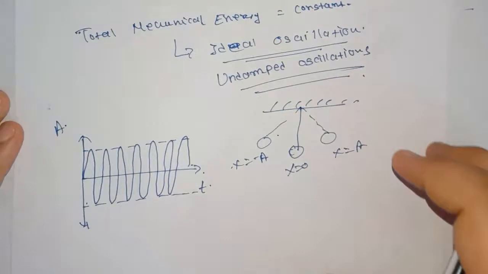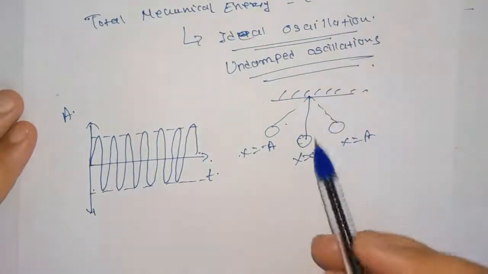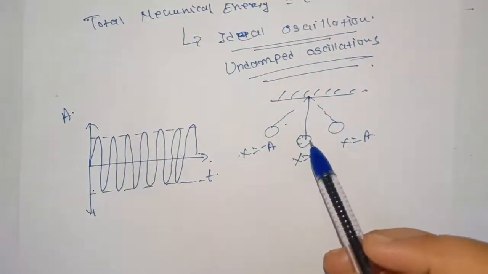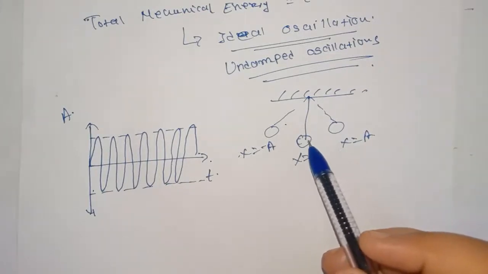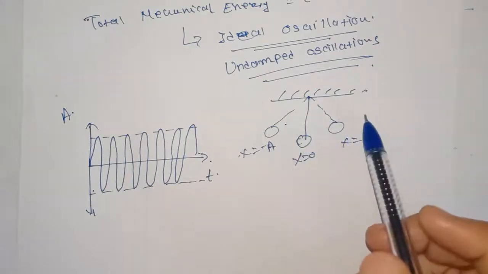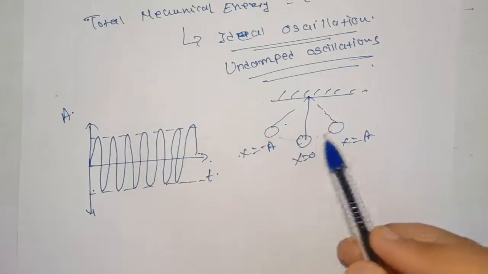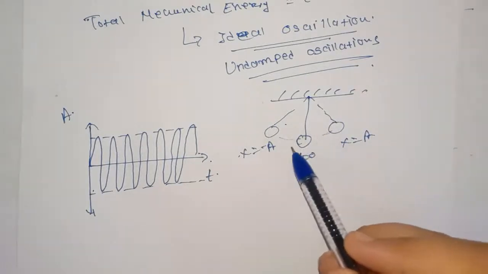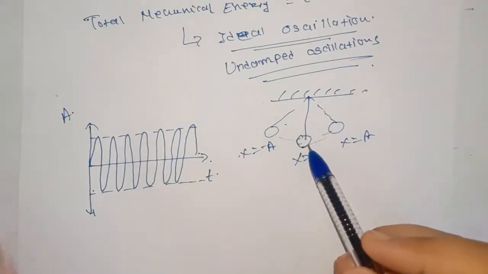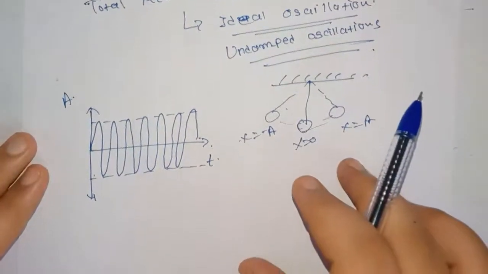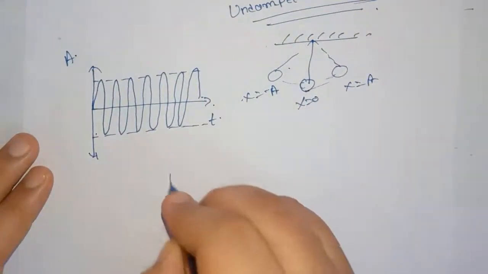But this kind is ideal oscillation. Practically the situation is different. We know that practically certain forces are acting, like resistive force, resistance and so on. So once the oscillation starts, gradually the maximum displacement of this bob will decrease, and after some time this bob will come to rest. This kind of oscillations are called damped oscillations.